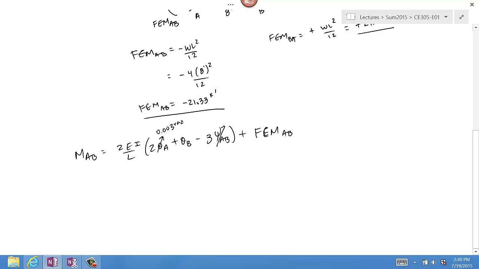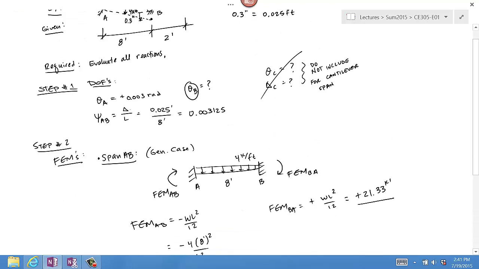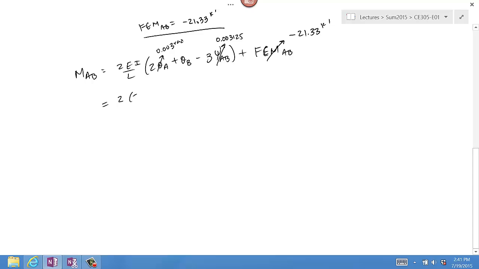Psi AB clockwise is positive 0.003125, and fixed end moment AB is negative 21.33 kip feet. So we make all those substitutions. We have 2, and then the EI we can also substitute for. That is 50,000 kip foot squared. The span length is 8 feet.